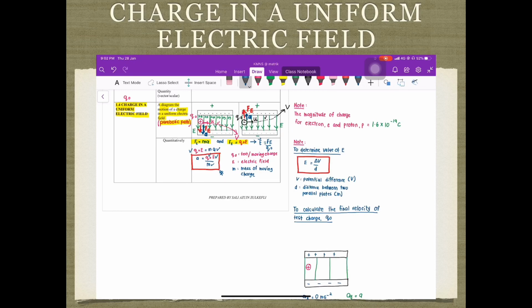Note: if the moving charge is an electron or a proton, the magnitude of the charge must be equal. This is the value.